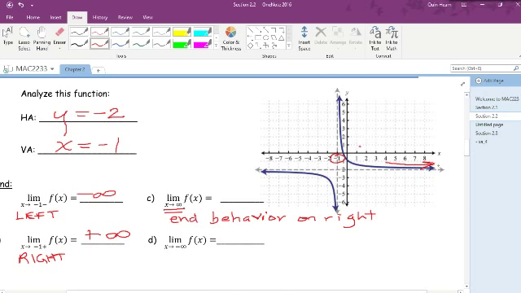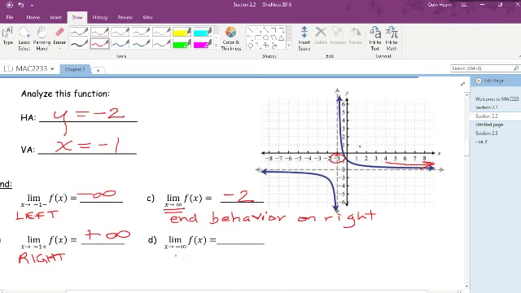As the x values get larger and larger, what are the y values getting close to? -2. Very good. That's why we have a horizontal asymptote, y equals -2.